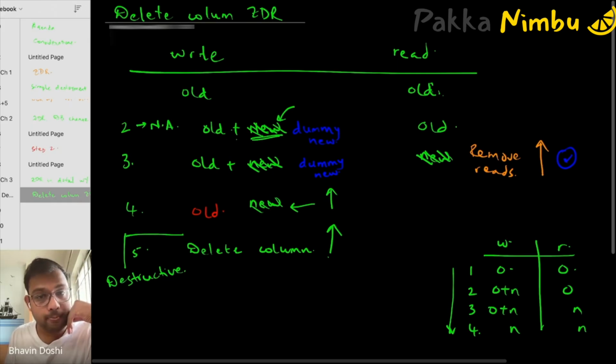Here the write is still happening in dummy new. And then you are deleting the column. Because you are writing it somewhere, now this is reversible.